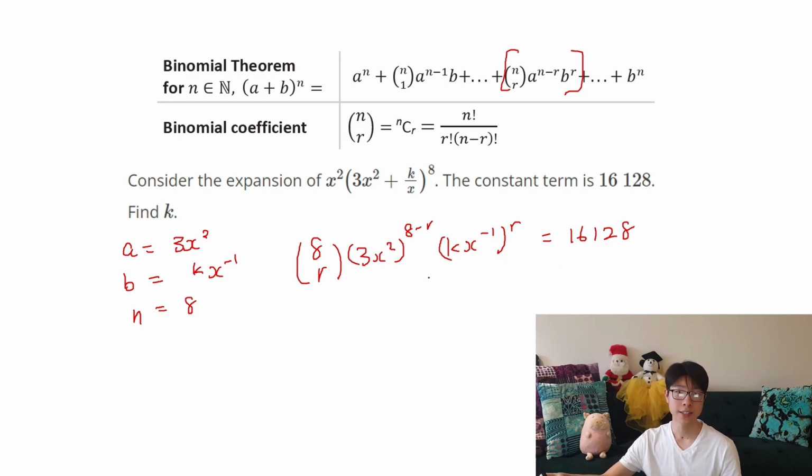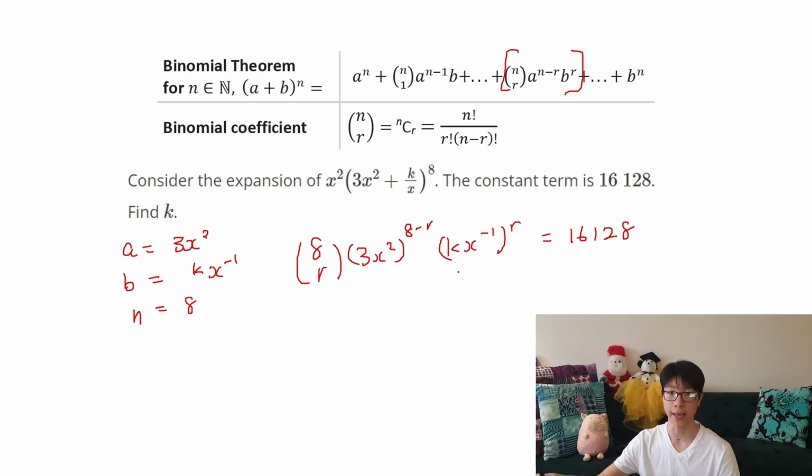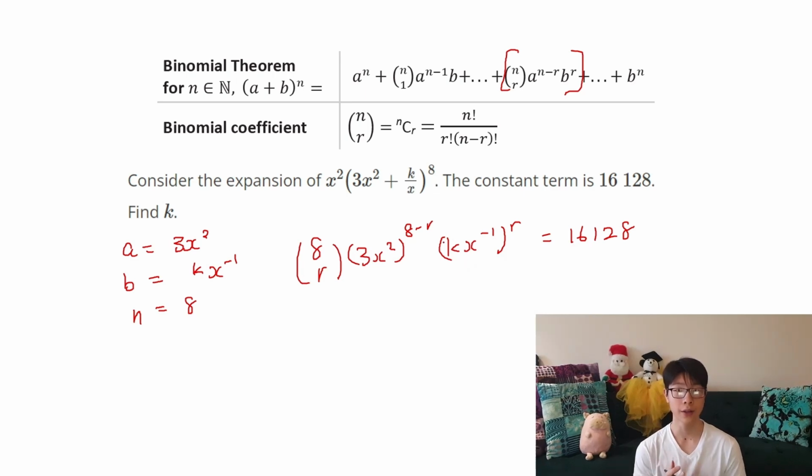Now, first up, there are some things that we can just ignore, because right now we have too many unknowns. We have k unknown, we have x unknown, but the x's will actually cancel out. But we have r and k unknown, and that is not solvable at the moment. So we need to identify what r is first, and then go back to solving for k. What we are looking for is a value for r for which the x terms will cancel out, hence the constant term.